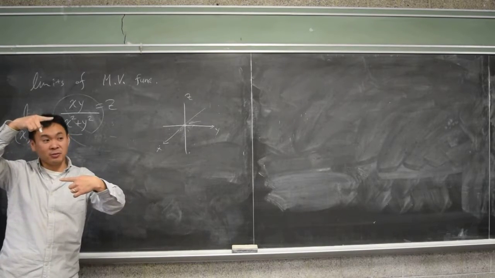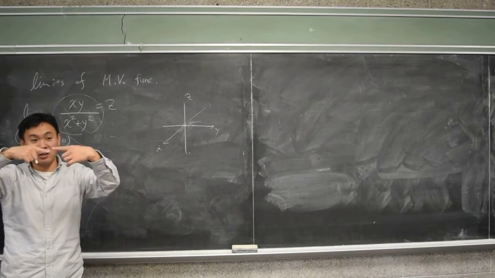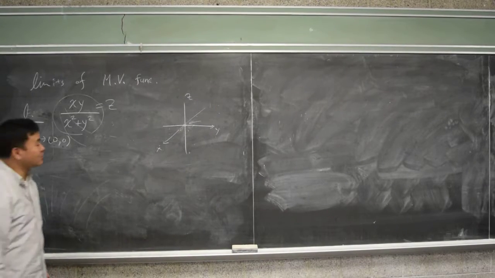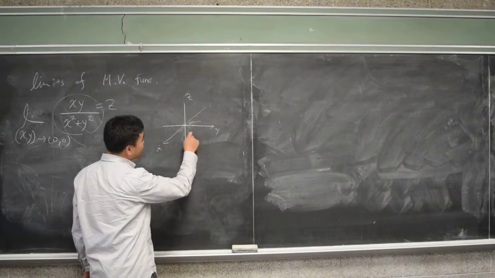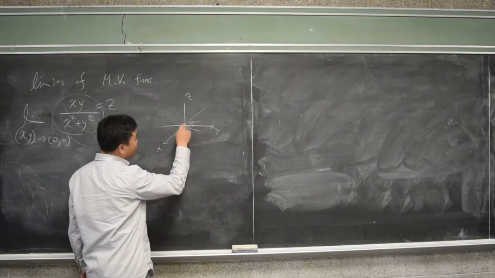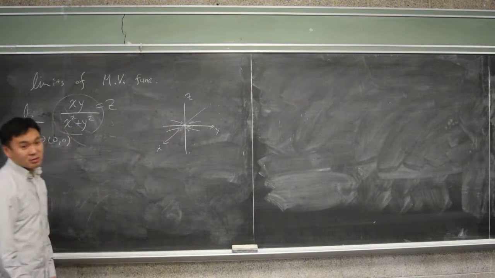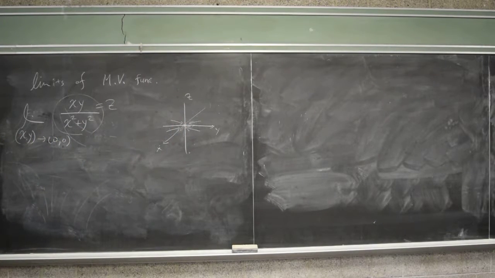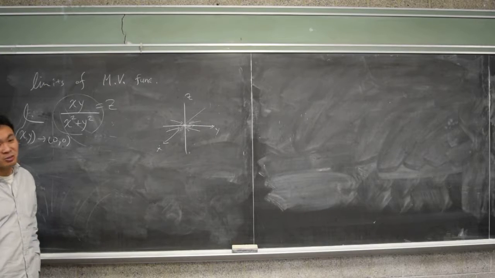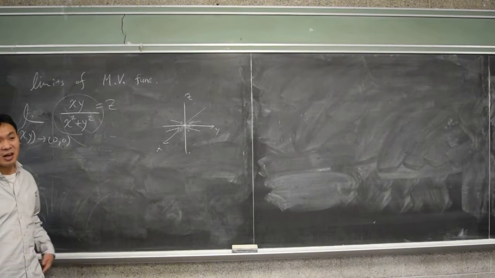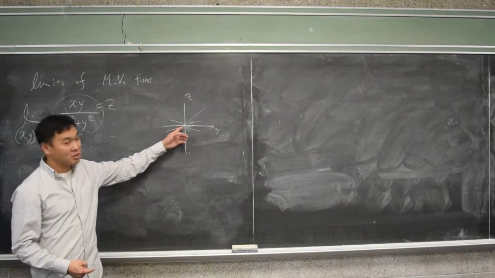If they're different, then we say the limit does not exist. If they're equal, then we say the limit exists. Here, the problem is much more complicated because you can approach 0, 0 from here or there or there or there. And therefore, it's really hard to think about all the cases, how this limit would be.